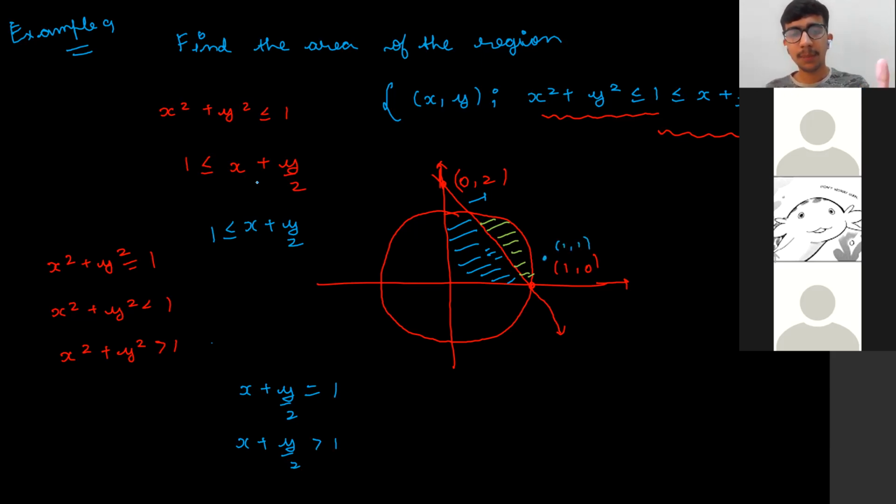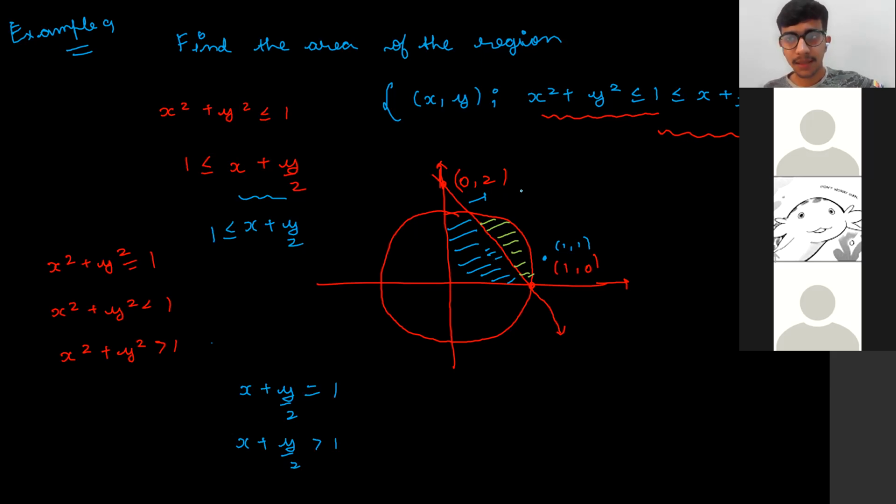Now try to put 1, 1 in this equation. 1 plus 1 by 2. So the equation is satisfied. Obviously 1 plus 1 by 2 is greater than equal to 1. When you put x as 1 and y as 1, yes.